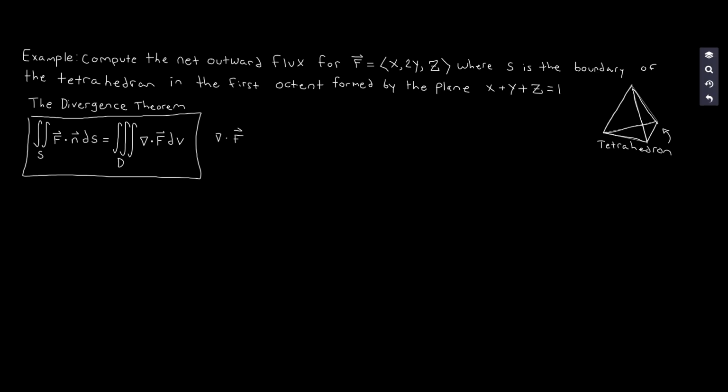So I want del dot F. Well, del dot F, we're taking the dot product of these partial derivatives. So this is going to be partial derivative of x, partial derivative of y, partial derivative of z, and I'm dotting this with vector F, which is given to us here. So this is getting dotted with x, 2y, and z.